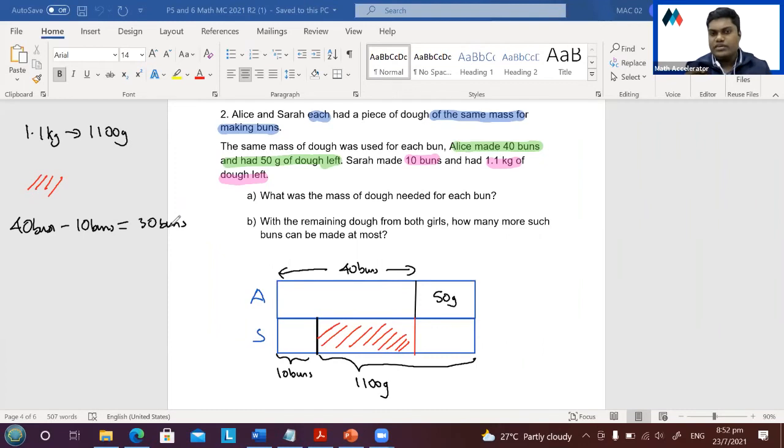Now, in terms of their weight, their mass, what is the value in the shaded portion? In terms of mass, what is the value of the shaded portion? Can you type in the chat? Okay, nope.